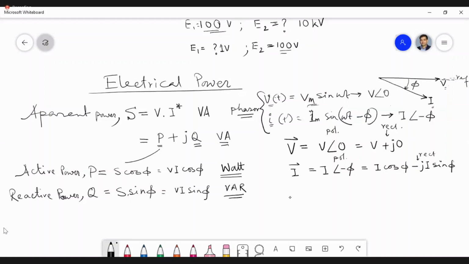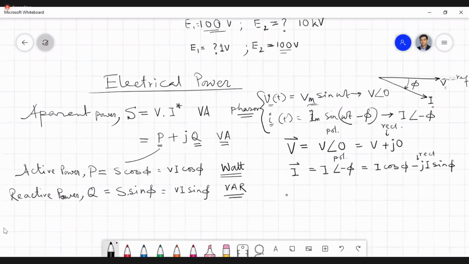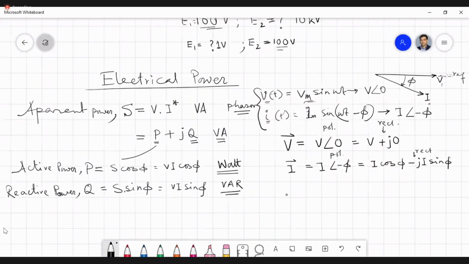Okay, so this reactive part of the power is very much related with the voltage. I would not discuss it right now, and this is out of your scope also, how reactive power regulates or controls the voltage.